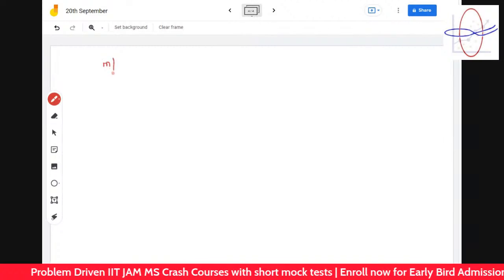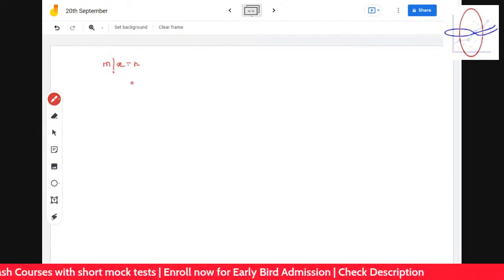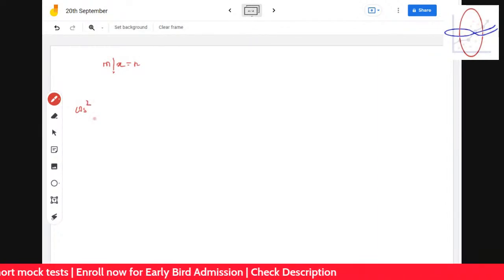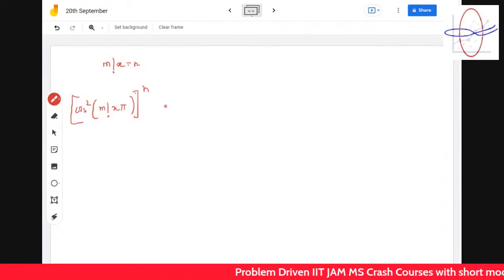So if m factorial x is equal to an integer, then cos square m factorial x pi whole to the power n, that is cos to the power 2n m factorial x pi, goes to 1.